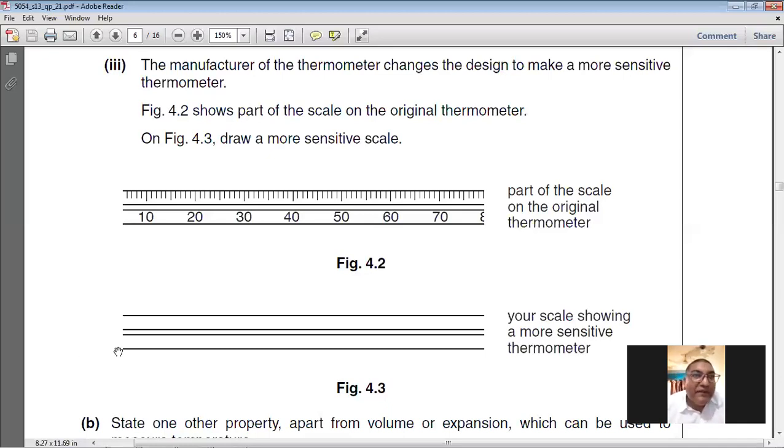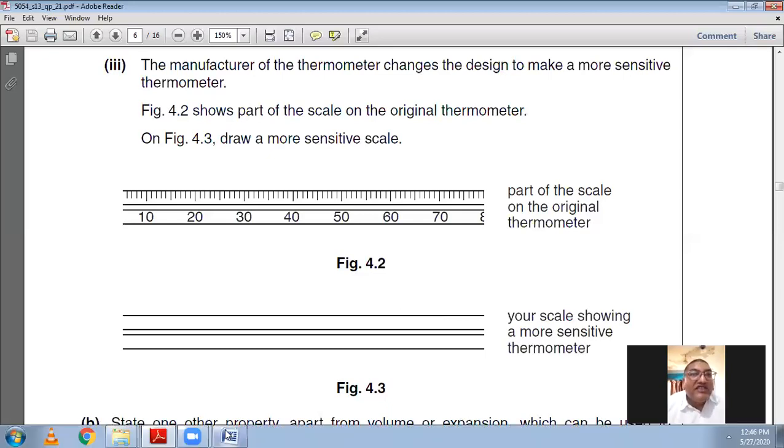For example, if I write here 10, then here I will write 20, and here I will write 30, and here I will write 40. So you see, in the same length of the thermometer, you will show a smaller number of readings. The range should be small.